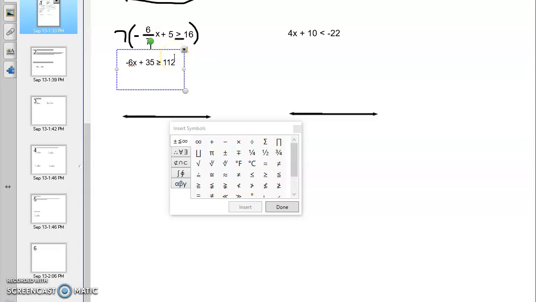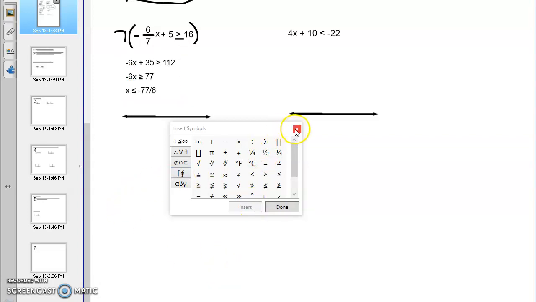And my answer is going to be negative 6x is greater than or equal to 77. And when I divide, I can't reduce this, but because I'm dividing by a negative, the inequality flips, and we're left with x is less than or equal to negative 77 over 6.